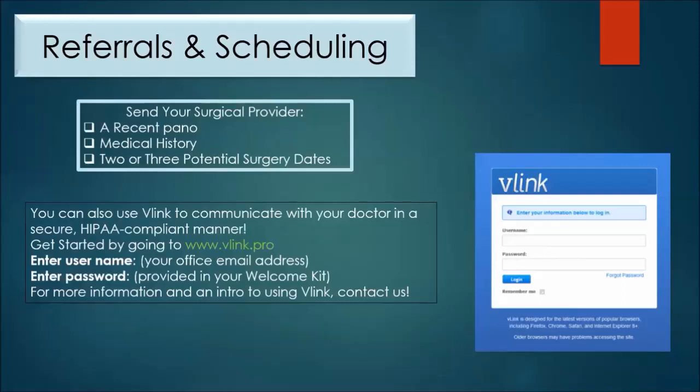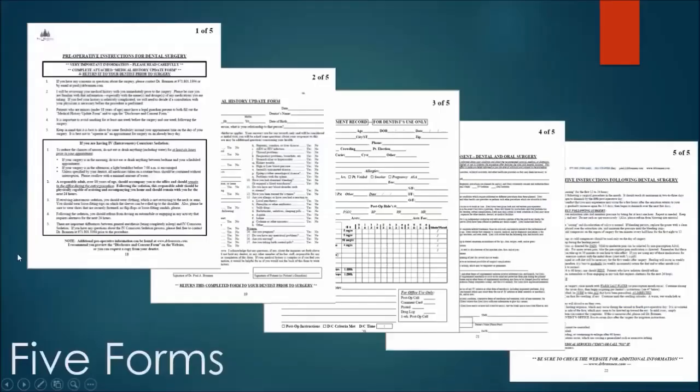If you're not using a secure email service to communicate this, you can use vlink or our vmail platform, which we'll go over in just a little while, in order to send that information securely and make sure it's HIPAA compliant. In order to initiate vlink, you'll do that through the internet at vlink.pro. Enter your username, which is your office email address, and your password, which is provided in your welcome kit. We're going to review how to use vlink here in just a minute.